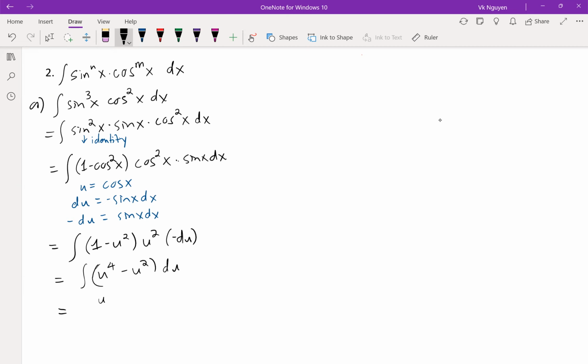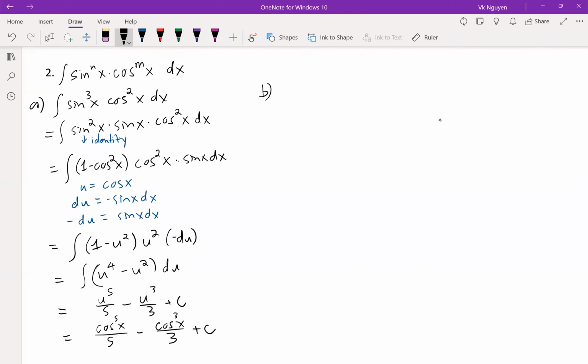This gets us u to the 5 over 5 minus u cubed over 3 plus c. Do the back substitution, and we have cosine x to the 5 over 5 minus cosine x cubed over 3 plus c. Nice.